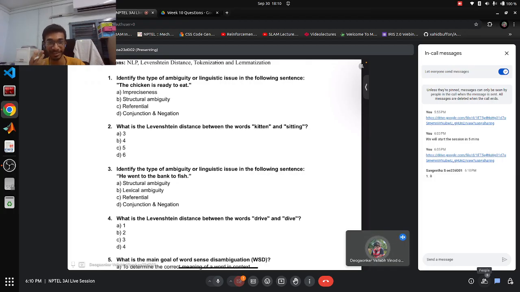In this case the sentence can be interpreted in both ways. In the way the sentence is framed, it can be interpreted in two different ways, and the structure of the sentence itself is creating the ambiguity. That's why it's a structural ambiguity.